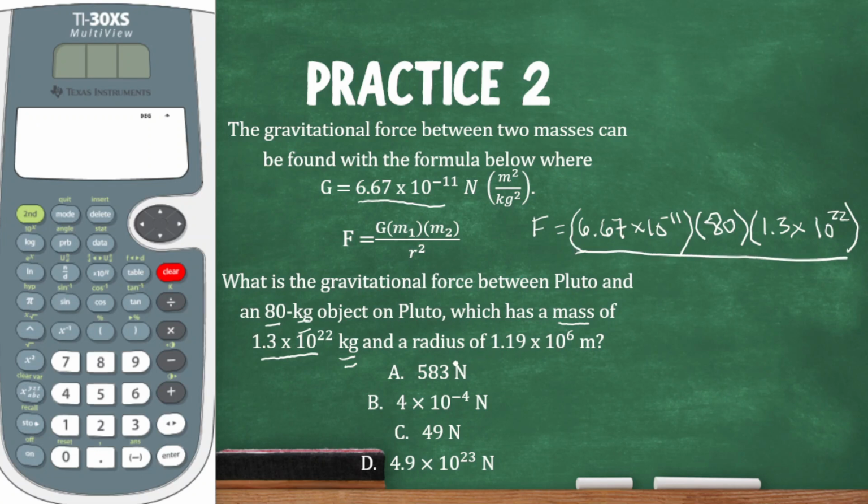R is probably the last number here, and it does say radius, which starts with an R. So I think we can be pretty confident in that. 1.19 times 10 to the 6th. And let's surround this in parentheses because we've got to square it there. See that little 2? So we'll put it in parentheses and put our squared there.